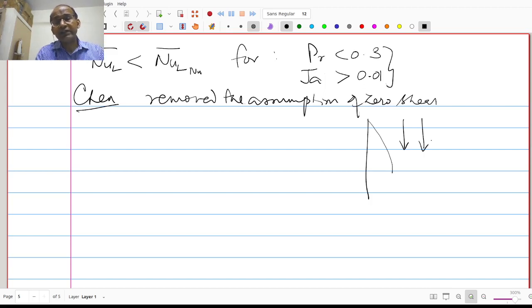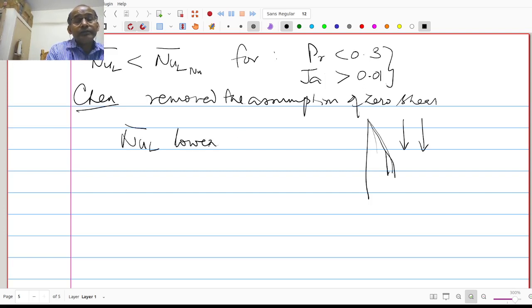There is some shear stress between this vapor flow and the liquid film. What then happens is that this tries to accelerate the liquid film much further and suppresses the flow. That results in some more change. So this also resulted in NUL bar lower even than the Sparrow and Gregg results.